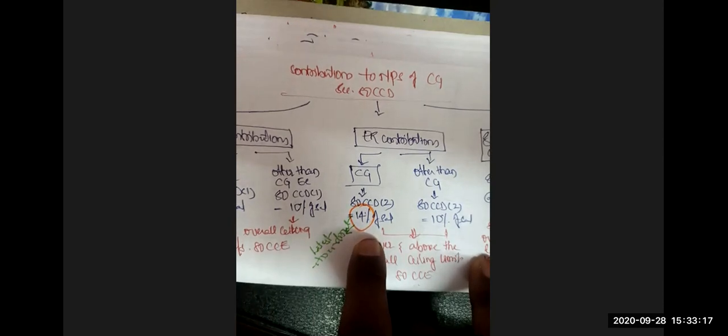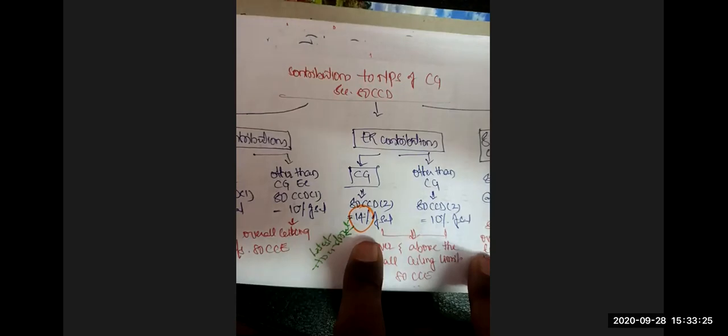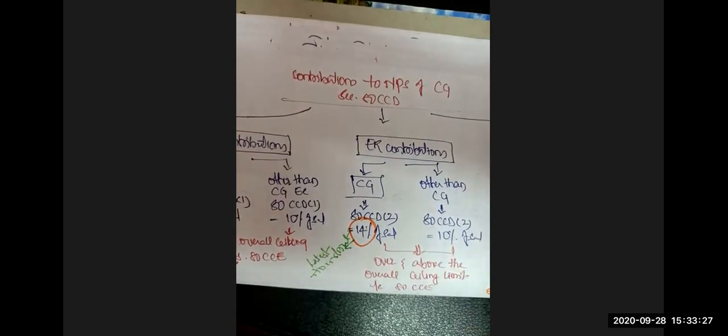You must be very, very careful here. Under section 80CCD subsection 2, we can claim deduction with respect to employer's contribution. First we have to treat it as income, as a perquisite, while calculating income from salaries.